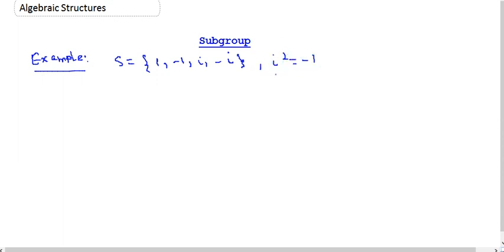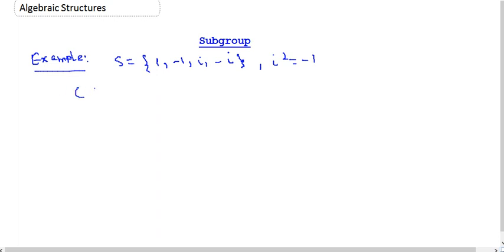So let's do some examples. Here we have an example. The set is 1, minus 1, i and minus i, where i squared is minus 1, so i is the complex number.